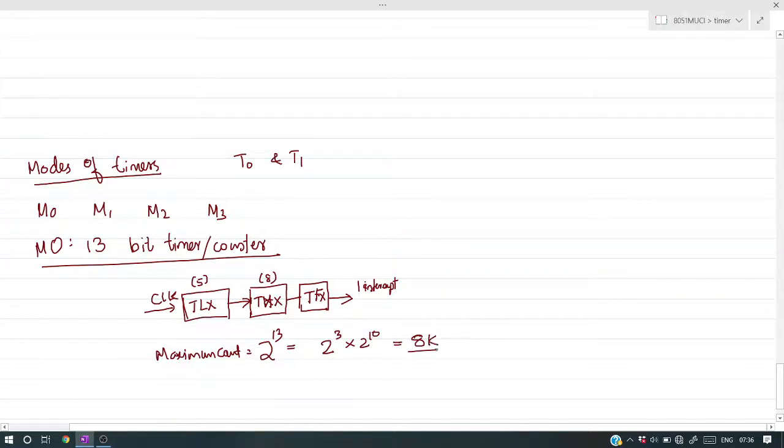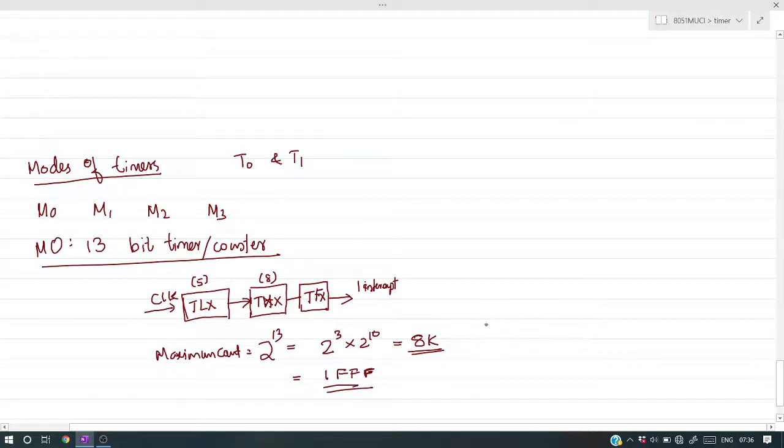So 8k. Clear? When we write that in hexa, the maximum count is 1FFF.